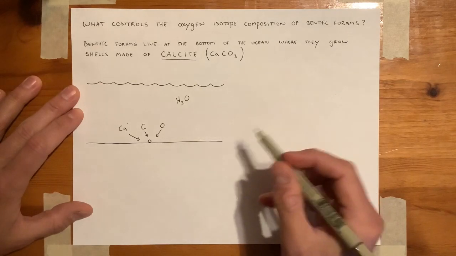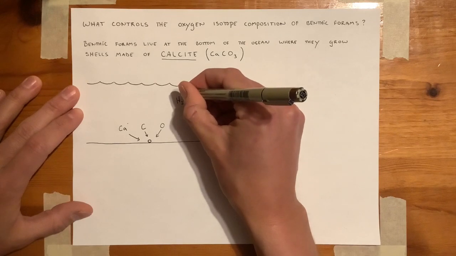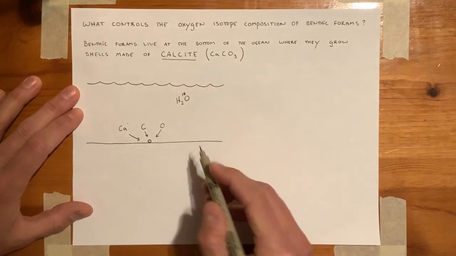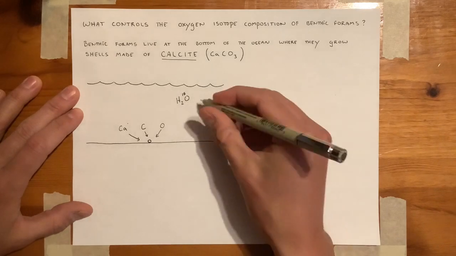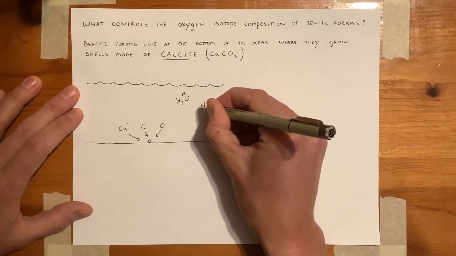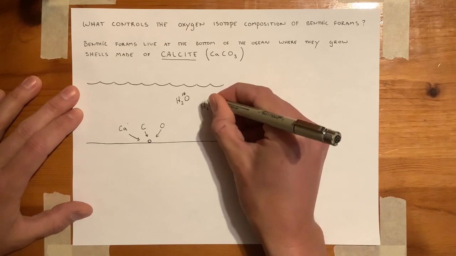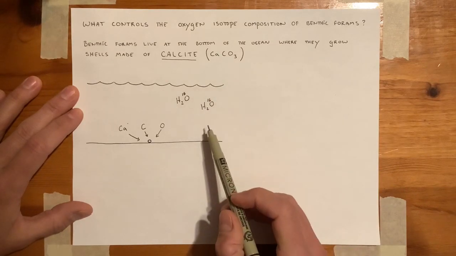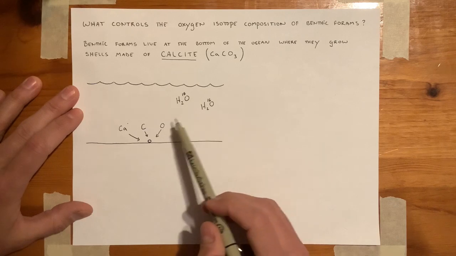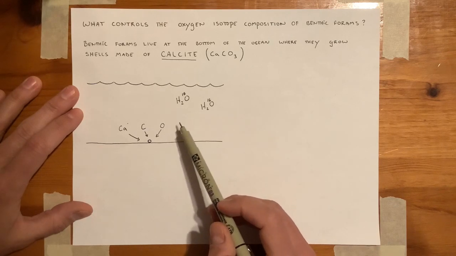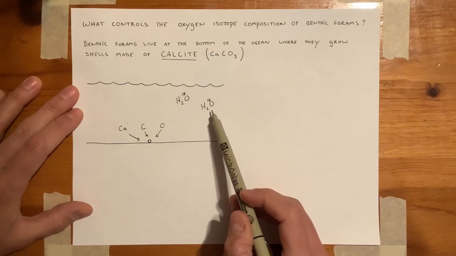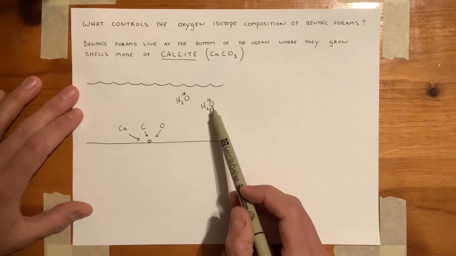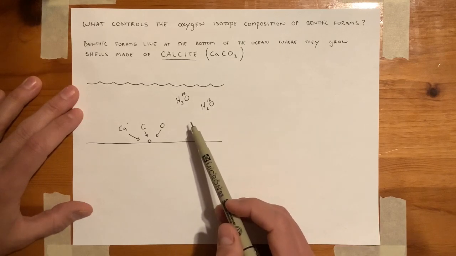So that means that in the ocean, some of the water is H2O with an oxygen-18, and some of the water is H2O with an oxygen-16, right? So depending on which molecule of water or bicarbonate, any oxygen-bearing molecule, there's going to be 2 possibilities. Either that molecule will have oxygen 16 or oxygen 18 in it.